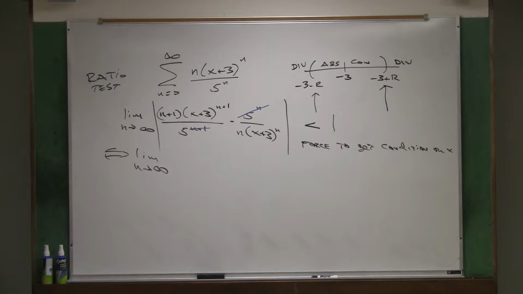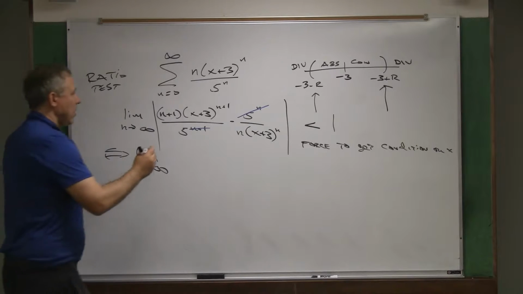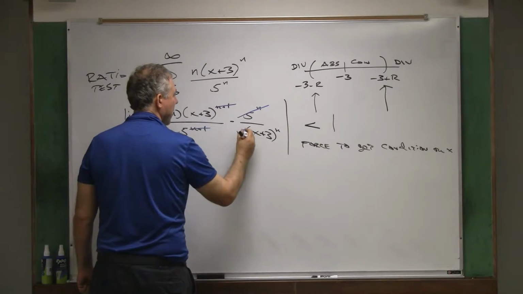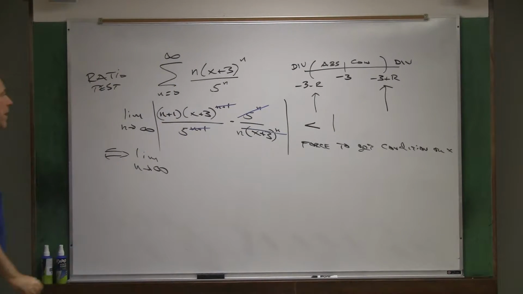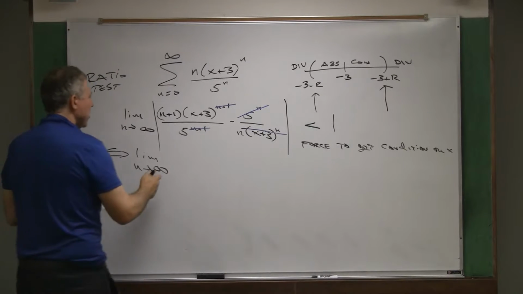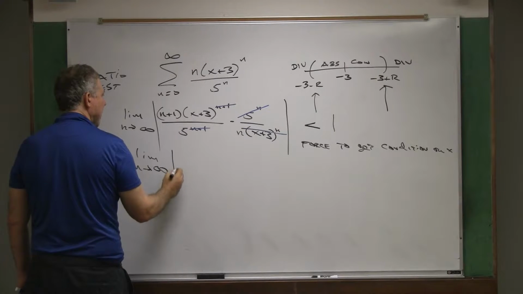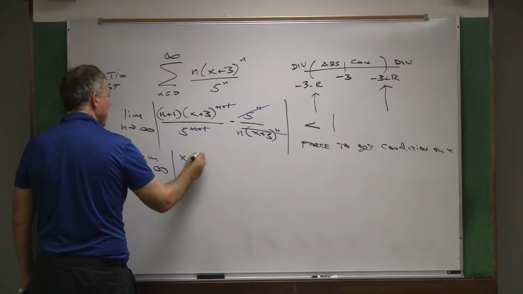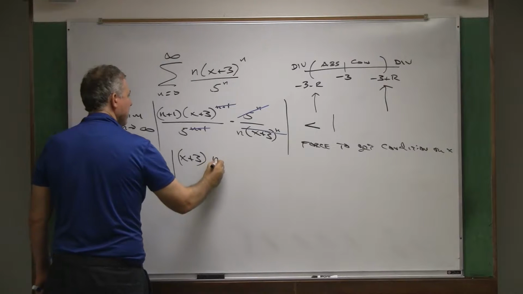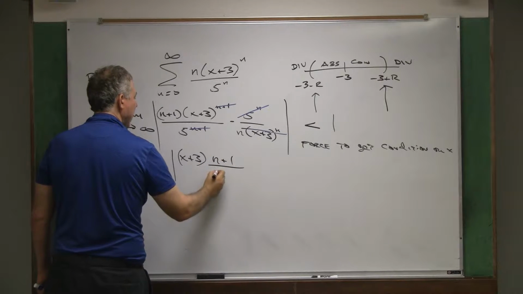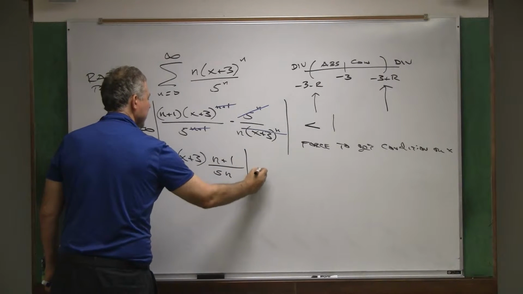And what else? x plus 3. Okay, this goes and now that goes. And I think that's it. So now I've got a limit as n goes to infinity of the absolute value of x plus 3 times n plus 1 over 5n, and that's less than 1.